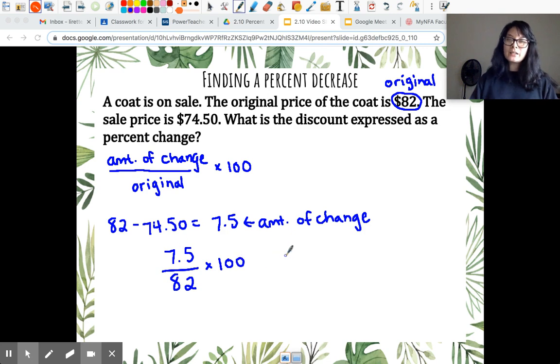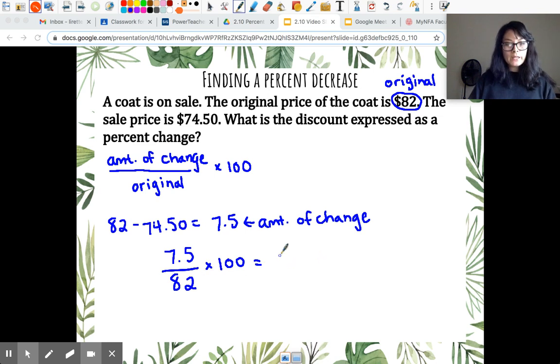So at this point, it's kind of like just following order of operations. I divide and multiply left to right. So I'm going to divide 7.5 by 82. It's giving me a non-terminating decimal. So before I clear that from my calculator, I'm going to take that result and multiply it by 100, and I'll round last. So I'm going to say for this video, I'm going to round to the nearest tenth of a percent for any problem where we get a decimal that doesn't terminate.